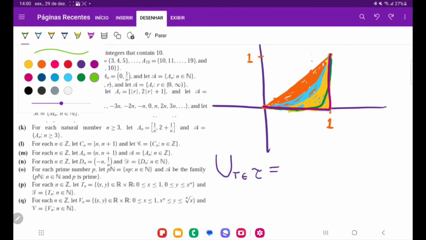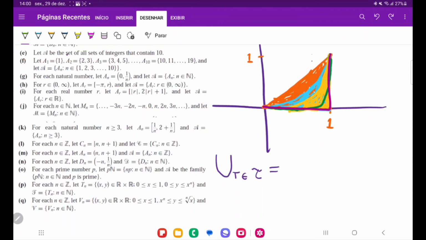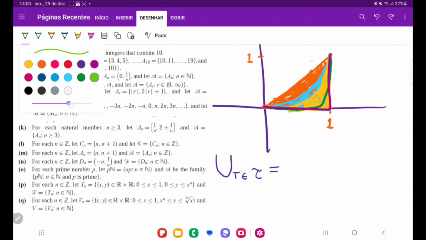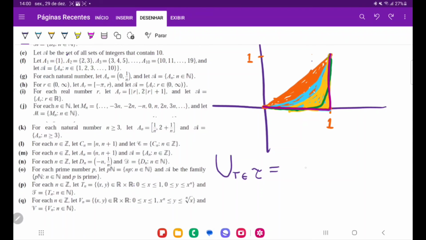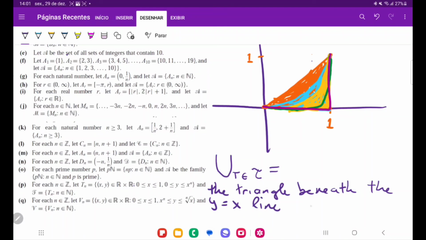So the way that we can describe this is the triangle beneath the line y equals x from x equals 1 to 0. So I'm just describing it in words, but now we're going to put it in a set.